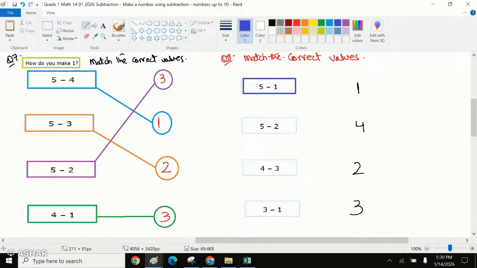So how many are we left with? 1, 2, 3, and 4, right? So we can say that 5 minus 1 should be equal to 4. Agreed? Do we agree on this?